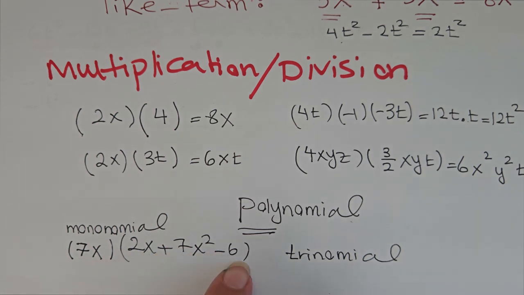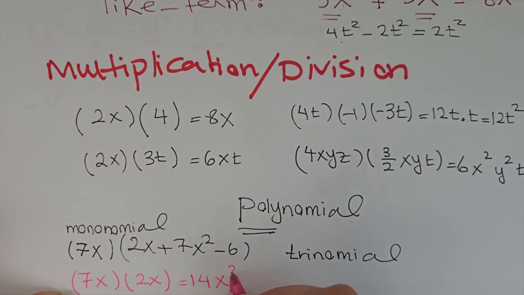There are three different terms here. So what we will do, so the first one would be 7x multiplied by 2x, which would be 7 times 2, 14, and then x multiplied by x is x squared. So this is the first part.